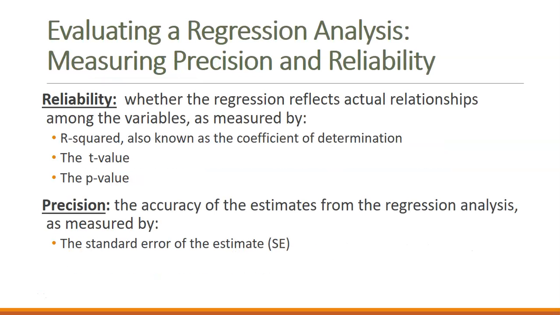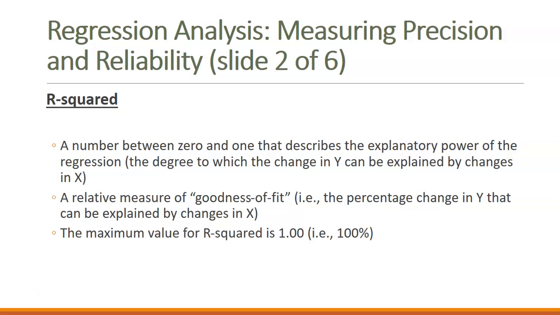So when we're looking at the reliability and the precision of our regression analysis, we're looking at actual relationships among the variables as measured by R squared, which is our coefficient of determination, the t-value, and the p-value, and our standard error of the estimate. So we're going to look at a readout from a regression analysis.